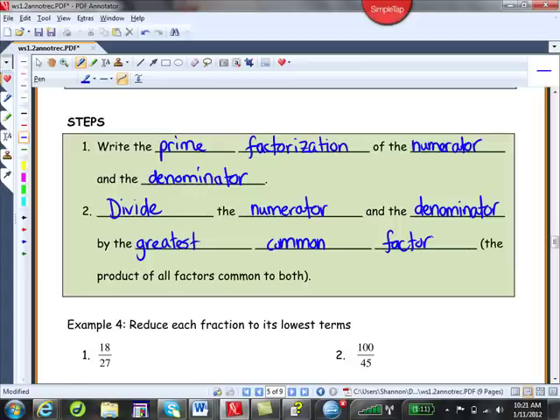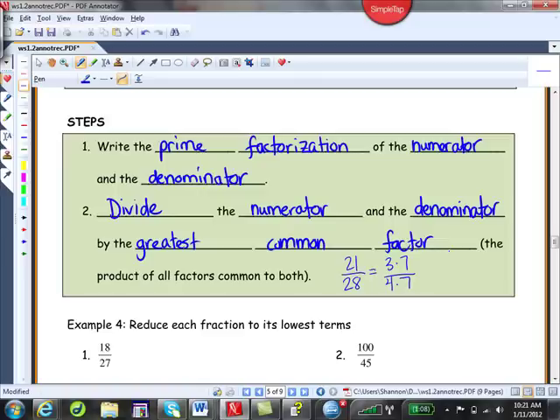All right, so if you had, for example, let's say we had 21 over 28. The greatest common factor of this one would be 7, because 21 is 3 times 7 and 28 is 4 times 7.